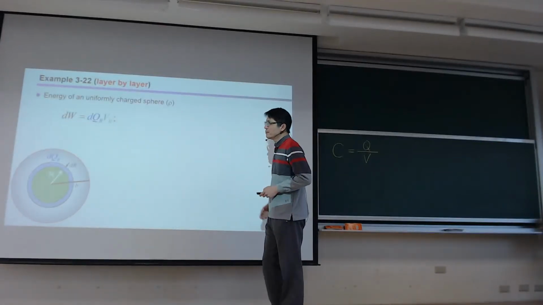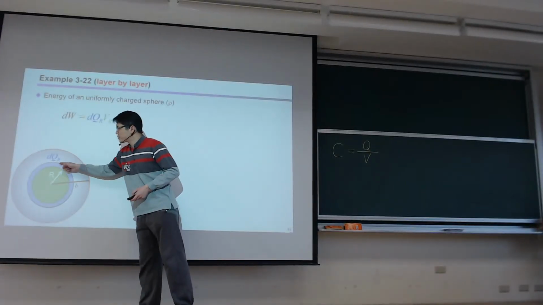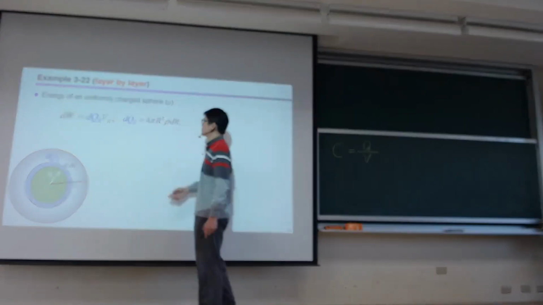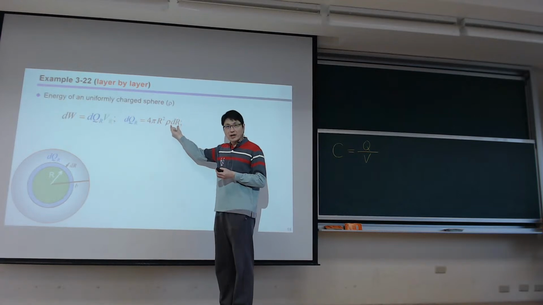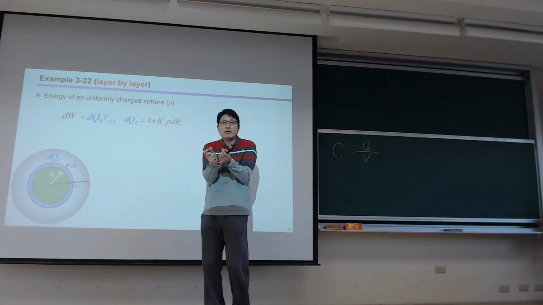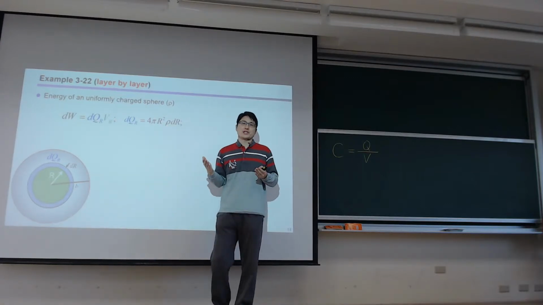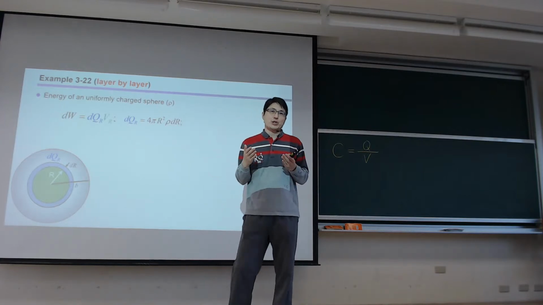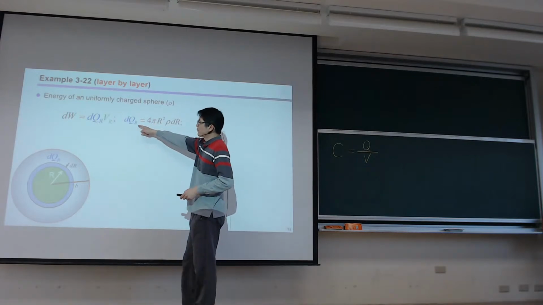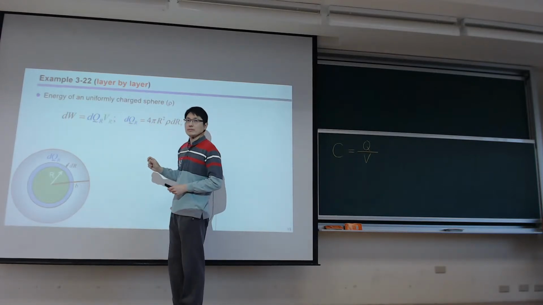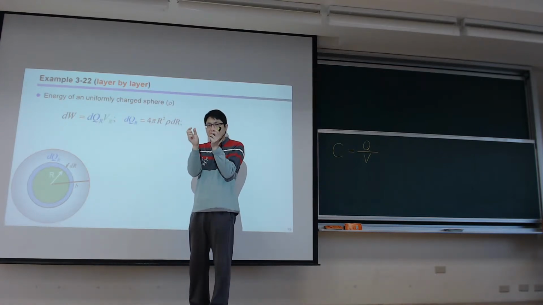But that's easy, because to properly describe this, the volume of this shell is 4 pi r squared, the surface, multiplied by dr, and multiplied by rho, because now we're fortunate. The charge density is uniform. So we have the proper expression for dq(r), the total amount of charge enclosed by that thin shell.